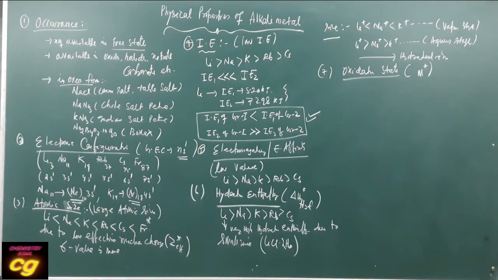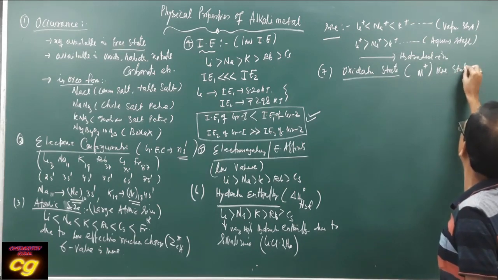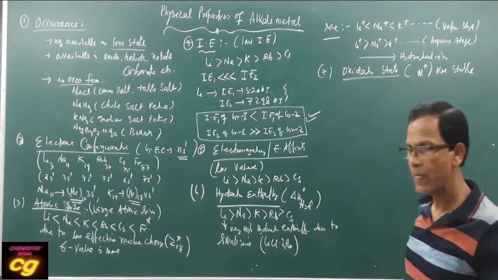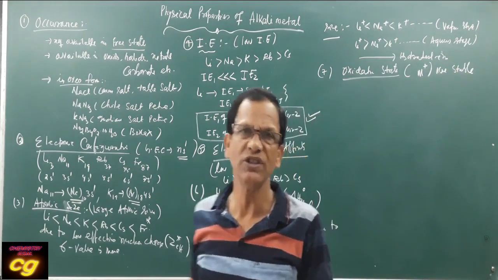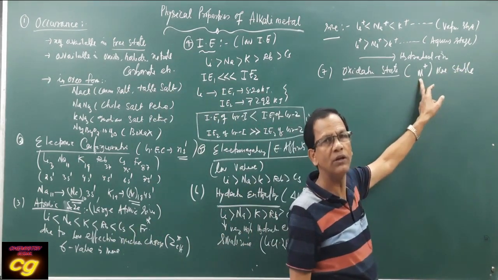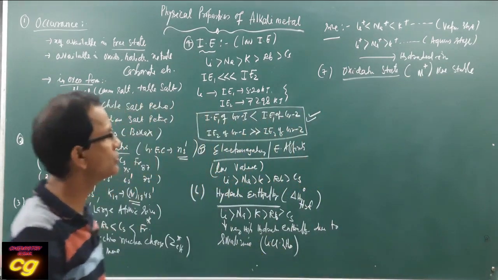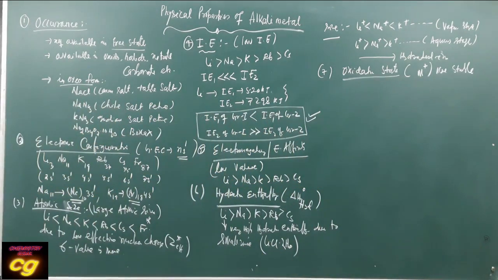And M+ is more stable, because after losing a single electron, they attain a stable electronic configuration. That's why M+ of alkali metals is more stable and they show only the +1 oxidation state.